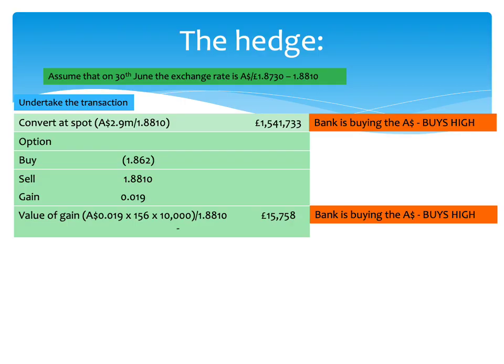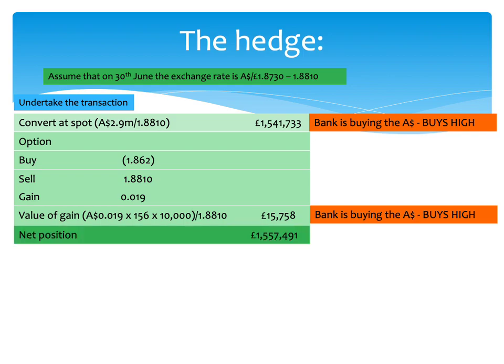So this is all happening on the 30th of June as well, exactly the same day as we receive our 2.9 million Australian dollars. So in this case, we're going to use the exchange rate at the 30th of June, and again, we're going to use the higher rate because the bank is going to buy those gained dollars off us, and so it's going to divide by the biggest figure possible. So we end up with £15,758, okay, as our total gain.